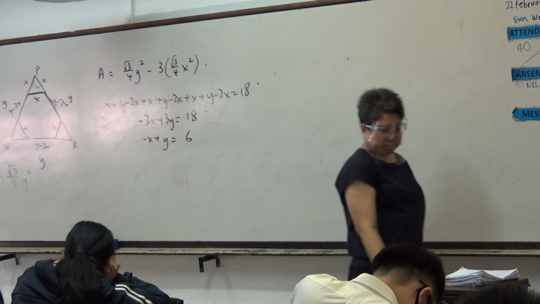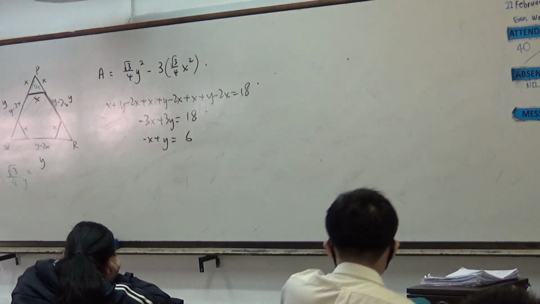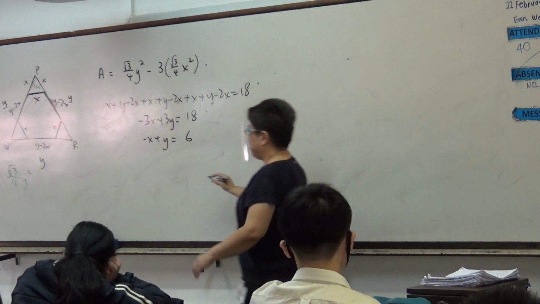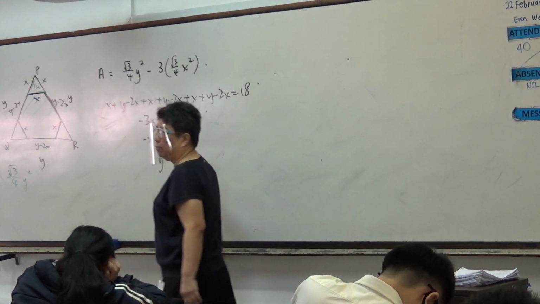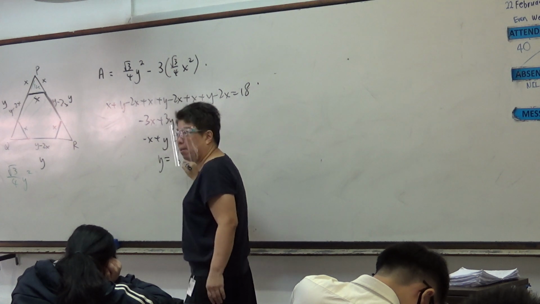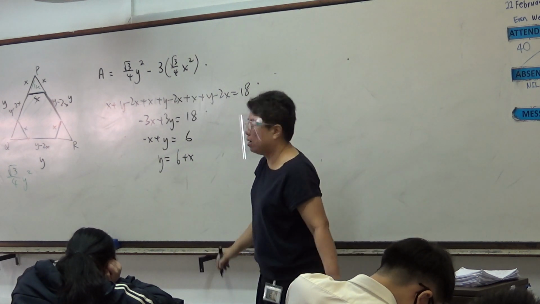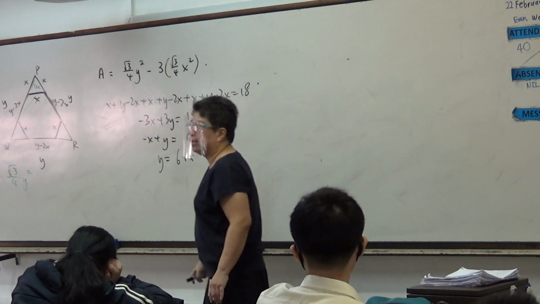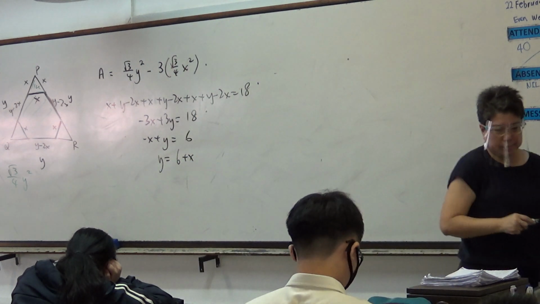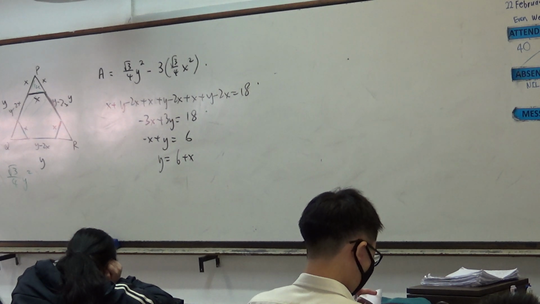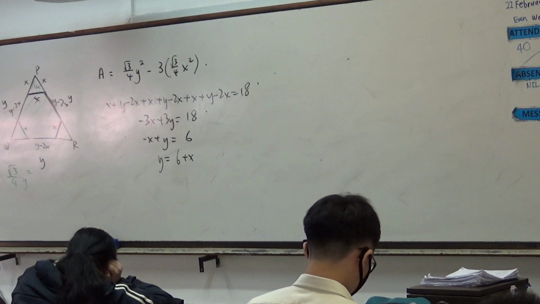Now, so what is my y? Y is 6 plus x. Okay. What do you think I want to do? Look at the question. Can you see that A is the whole thing in terms of x?